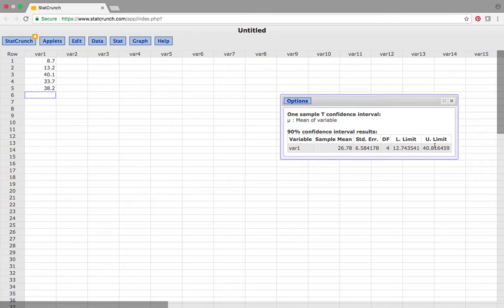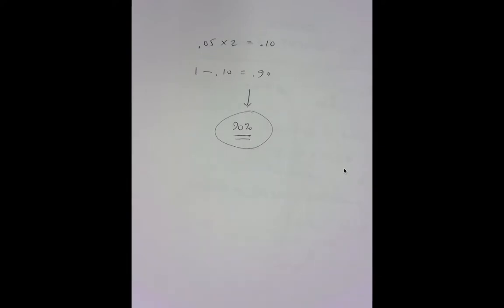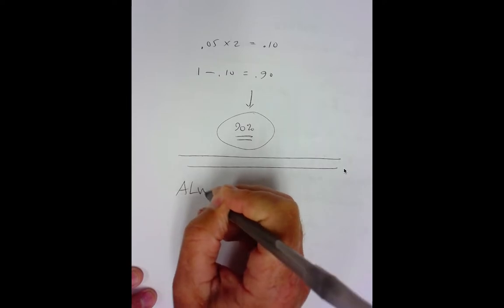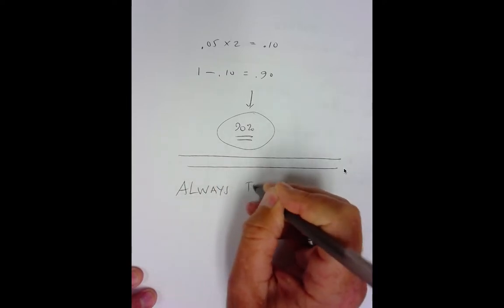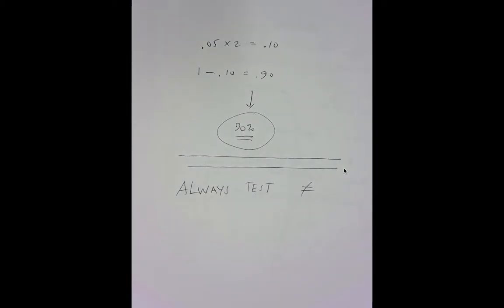So most people don't like this kind of wackiness of multiplying the alpha by 2 and subtracting from 1, and they just always test the alternative of not equal to.